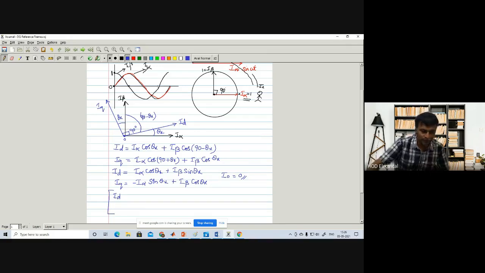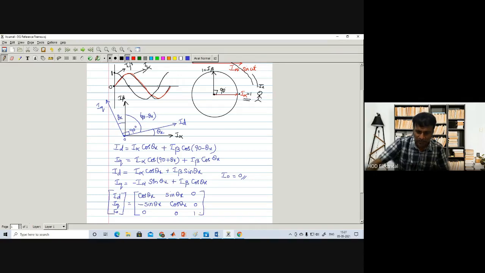So we can write ID, IQ, I naught in matrix form: cos theta x, sin theta x, then the I naught component is 0, so we write 0; for IQ, minus sin theta x, cos theta x, 0; then I naught is equal to 1.